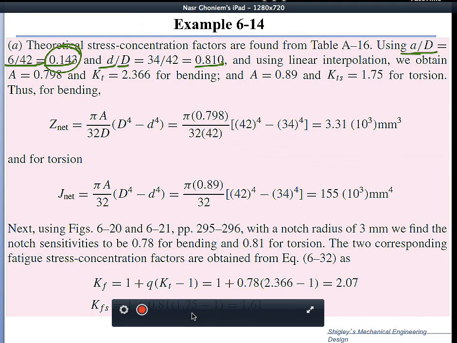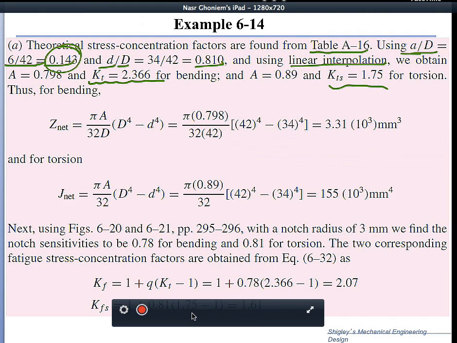Now we have table A16 for the stress concentration factors, and from that we have to use interpolation because the values are in between. That gives us two factors: one for bending, this is Kt, static or theoretical, 2.366 for bending. And then the other one is Kt theoretical for shear, 1.75 for torsional shear.